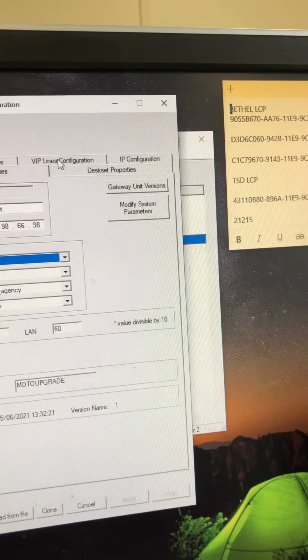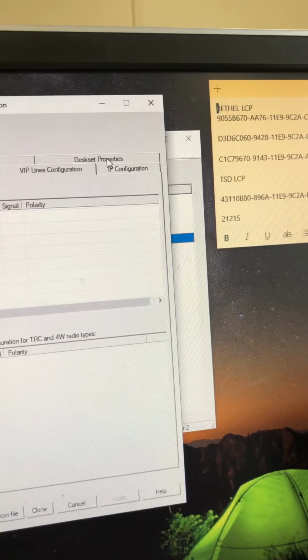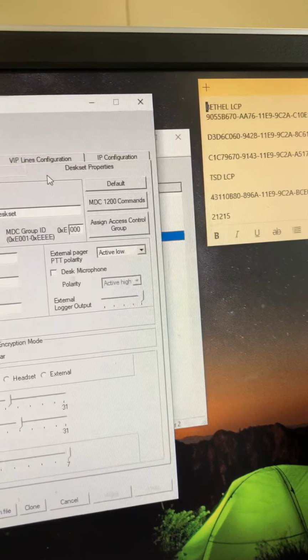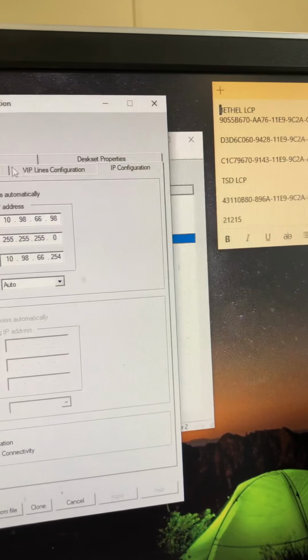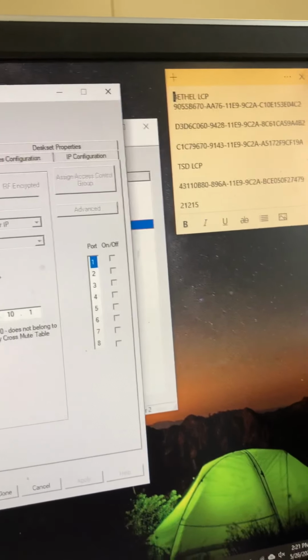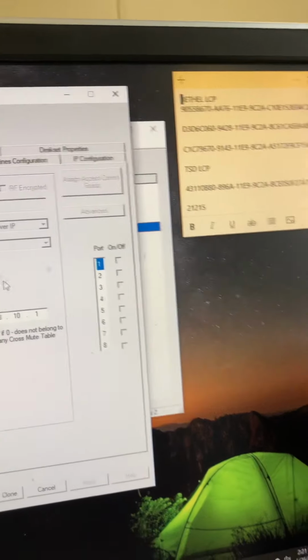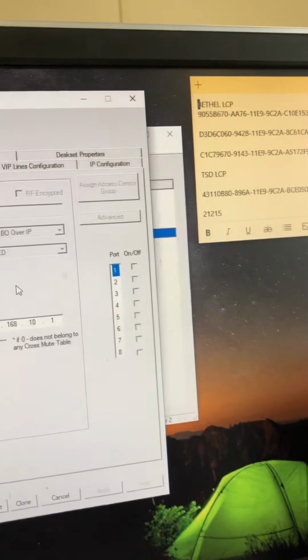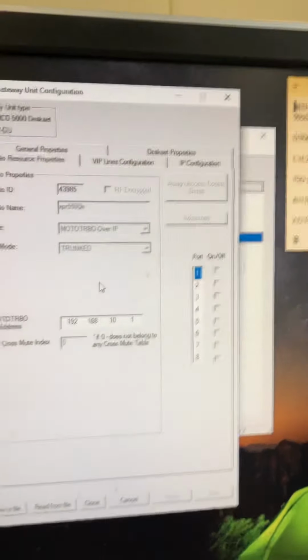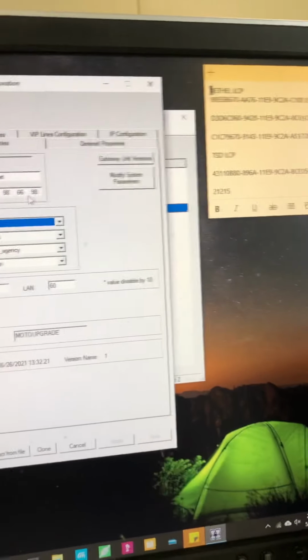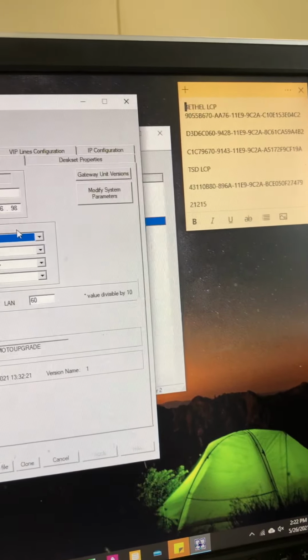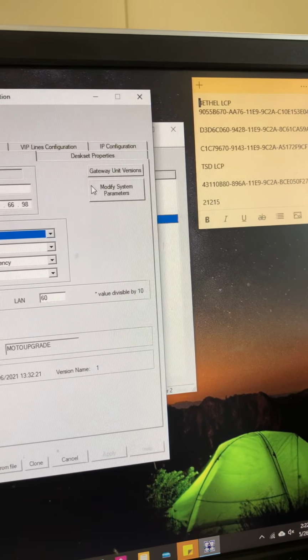I'm not completely clear how it knows what the radio resource properties are. I'm not completely sure how it knows what RGU to use. So anyway, it's this here.